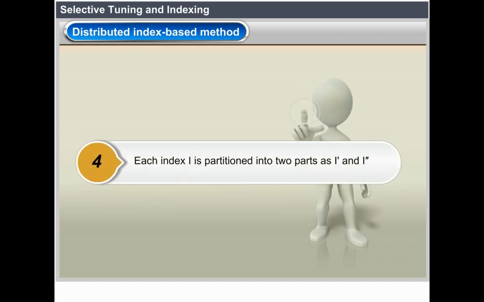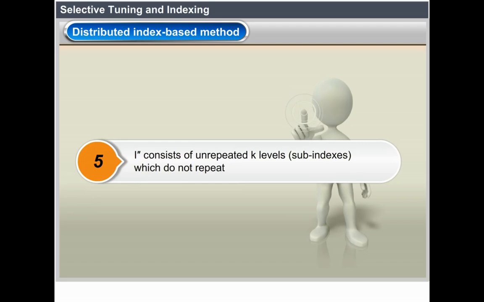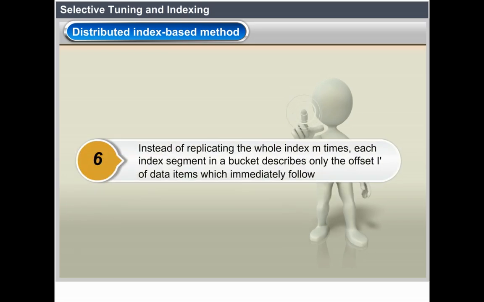Each index I is partitioned into two parts. The first consists of unrepeated k levels of subindexes which do not repeat. The second consists of the top j repeated levels of subindexes.